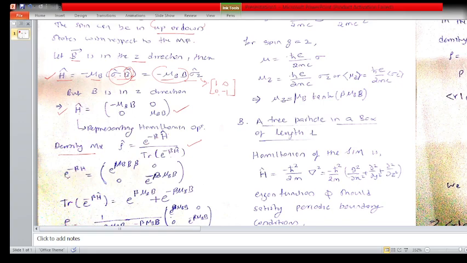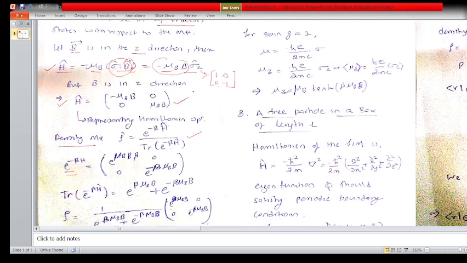And if you consider e raised to minus beta h in this particular case, we already know what h is. We have defined h here. This is your Hamiltonian operator in matrix form, and if you take e raised to minus beta h, then this is the corresponding matrix. So you just have to substitute the values, mu b B, in place of h.